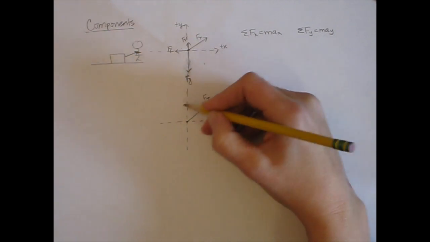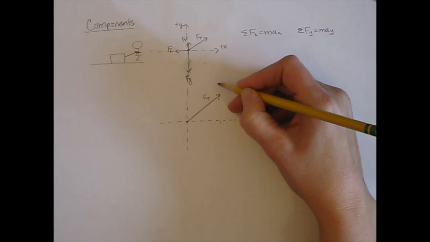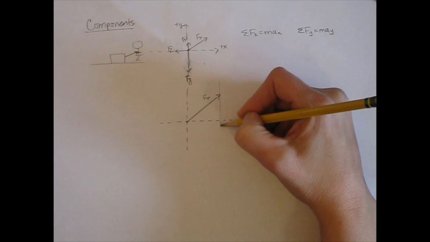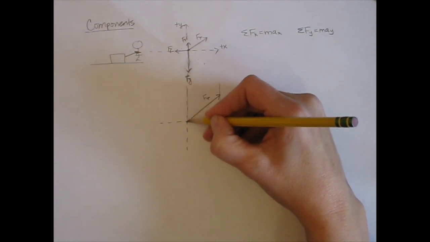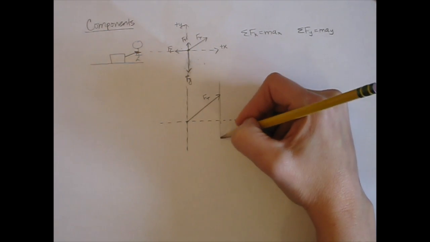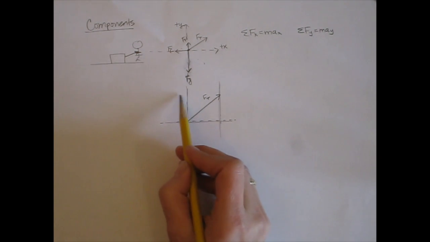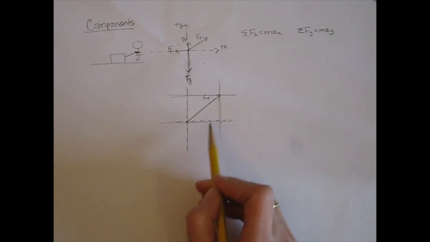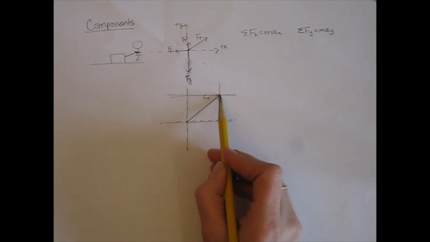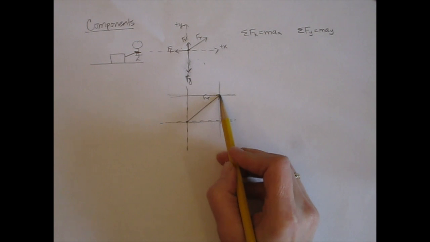One way to think about doing this is that you're drawing a line here that is parallel to your y-axis. And then do the same thing: if your x-axis is here, draw a line that's parallel to the x-axis up here at the end of that force vector.